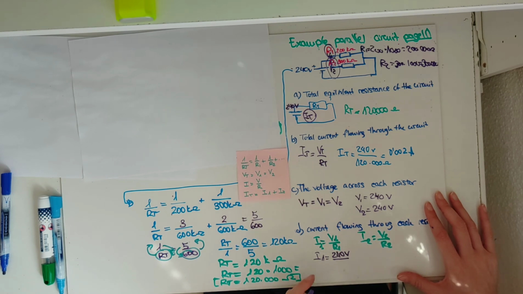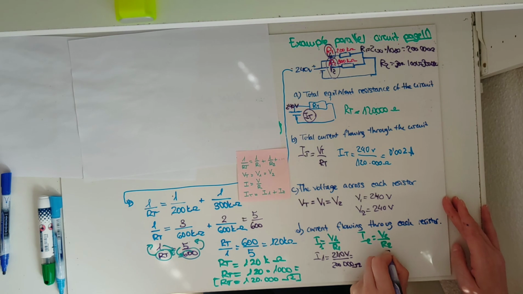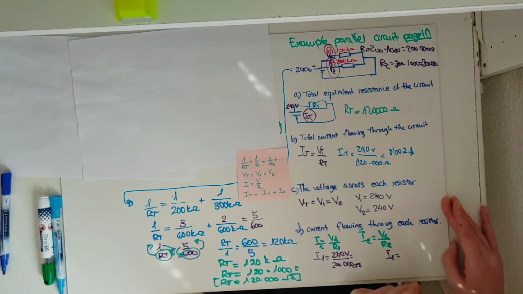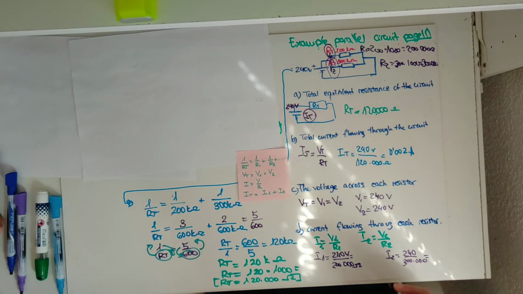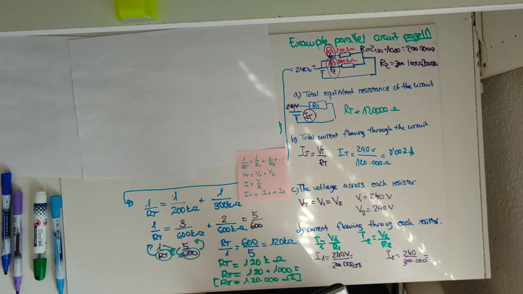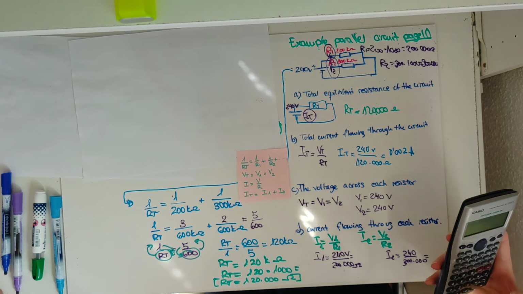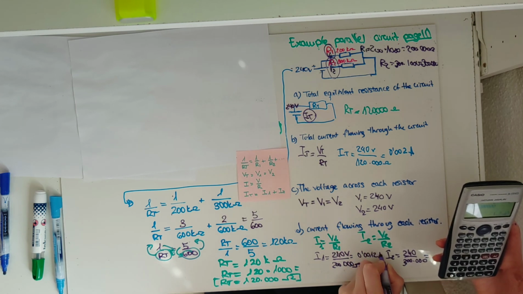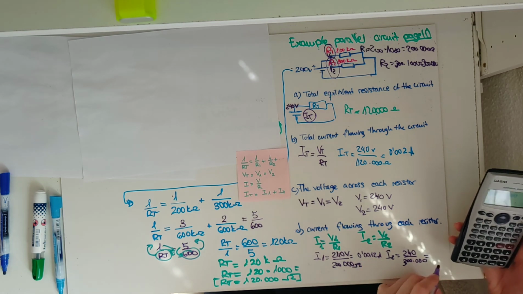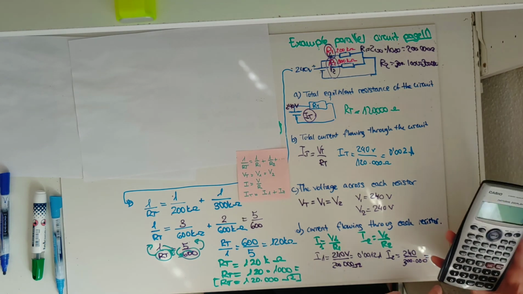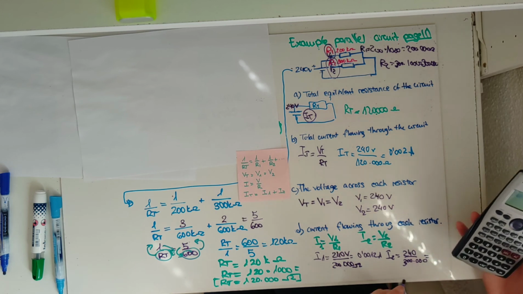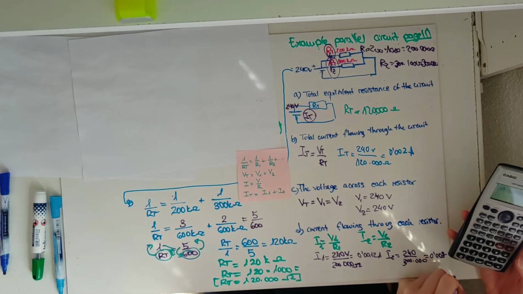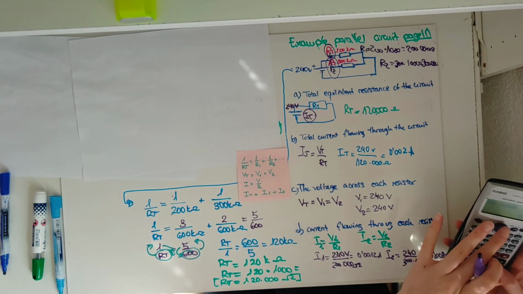Oh, sorry. Divided by 200,000 gives 0.0012 amps, and divided by 300,000 gives 0.0008 amps.